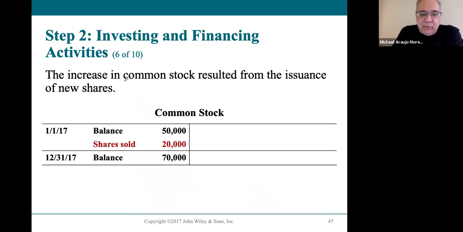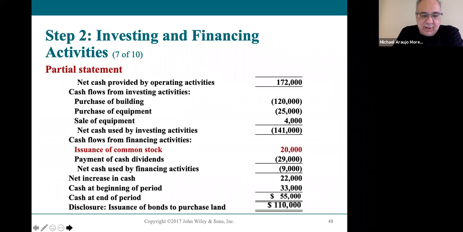Okay. Next thing you might realize is that they, remember, they sold common stock and they raised cash, $20,000, right? So when they issued common stock, they got $20,000 in for that. So $20,000 from a financing activity because that came from common stock.